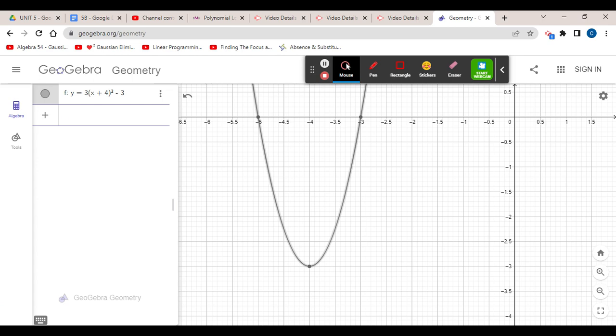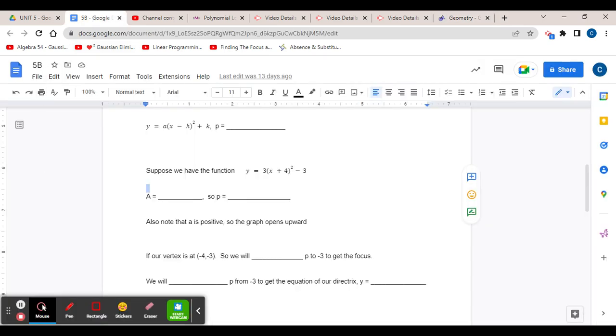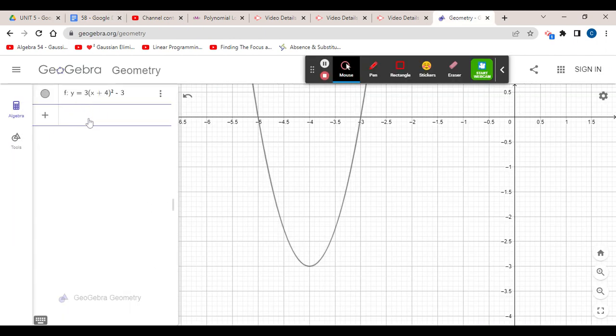Now going back to our focus point. Must have cleared my stuff. So our focus point here, we had -4. And what we can do is, whoops, didn't want to do that.